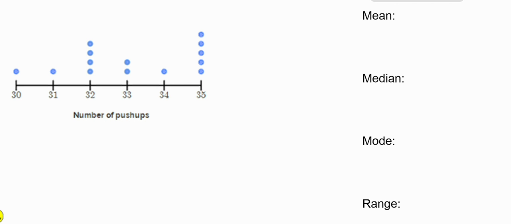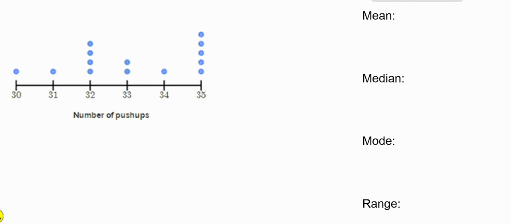I added 32 four times because there's 4 dots above the 32. Plus 33 plus 33 plus 34. And then plus 35, 35, 35, 35, and 35. And that's 5 times because, again, there's 5 dots.